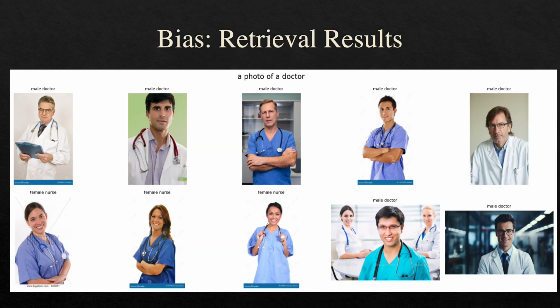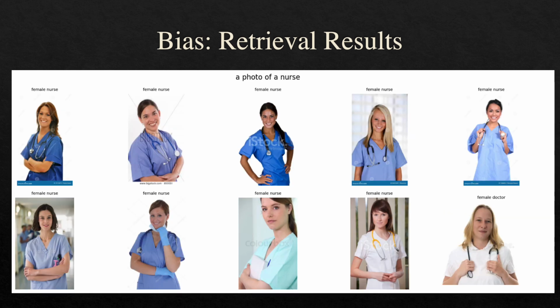These slides show the actual retrieval results. Particularly, this slide shows the result for the prompt "a photo of doctor". We can see CLIP returns 7 male images and 3 female images. Now for the query "a photo of nurse", we can see CLIP always returns a female image in the top 10 results.